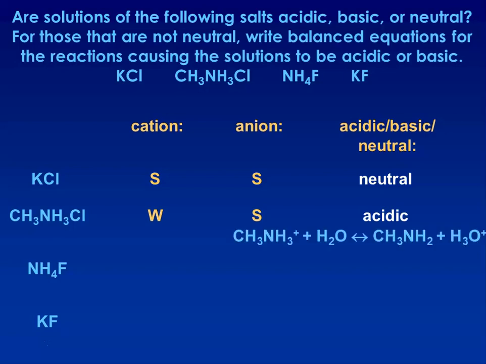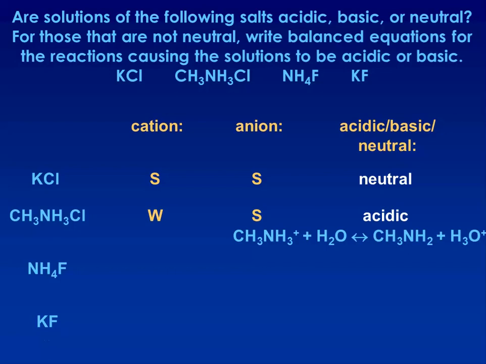Because we know it's acidic, the cation is going to have a positive charge. Chlorine was -1, so this had to be a +1 ion. In the presence of water, because these are solutions, that cation is able to donate a proton to water, producing a conjugate base, CH3NH2, which is decreased by 1 proton, and hydronium ions, which have increased by 1 proton.